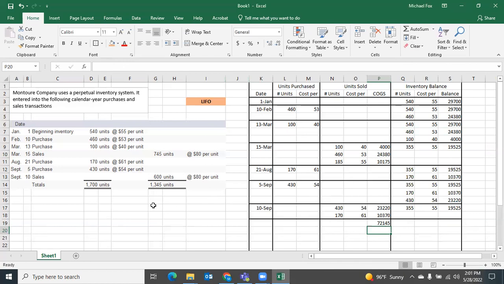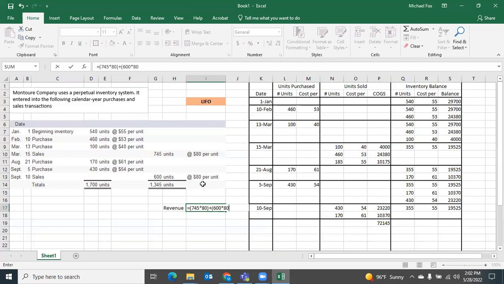If we wanted to find their gross profit for these transactions, we would just have to take the revenue. Remember, revenue is the number of units sold times the sales price per unit, and we know we sold them for $80 per unit. So it'll just be 745 units times the sales price of 80 plus 600 units times the sales price of 80.